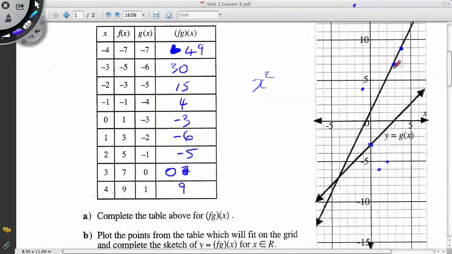So this point here should be at 3, 0. Okay, so 3, 0 should actually be that point. So let's move over. 3, 0. Okay, there it is. So do not worry about that one. Cross that one off. So it does look like it's a parabola coming down and round and up.